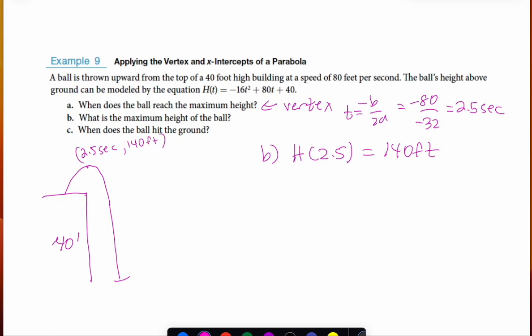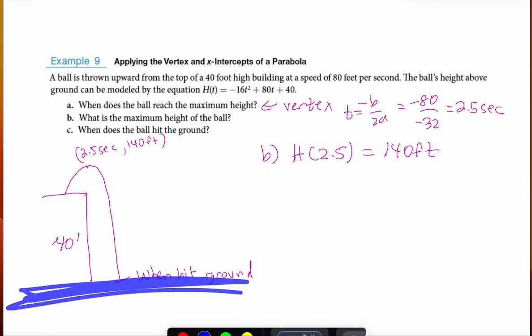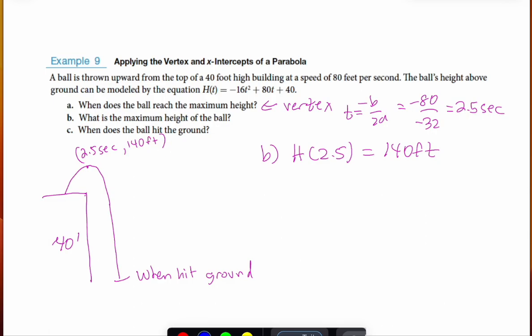And the question is when does it hit the ground? Well, in that case, you can think of this like the x-axis. So we're really looking, when are we going to hit the x-axis? When are we going to be at a height of 0? So for C, all you have to do is set your equation equal to 0.